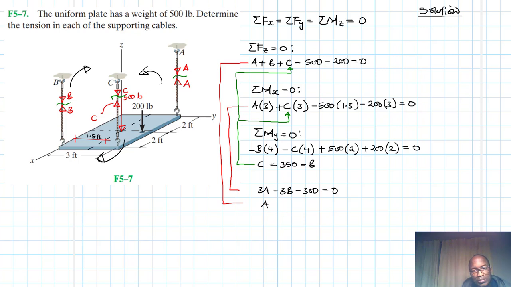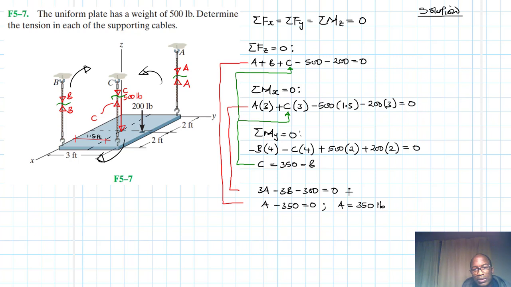So this just becomes minus 350 equal to 0. And therefore, A is just going to be equal to 350. 350 what? What are the units? Pounds. All right, we found what A is.